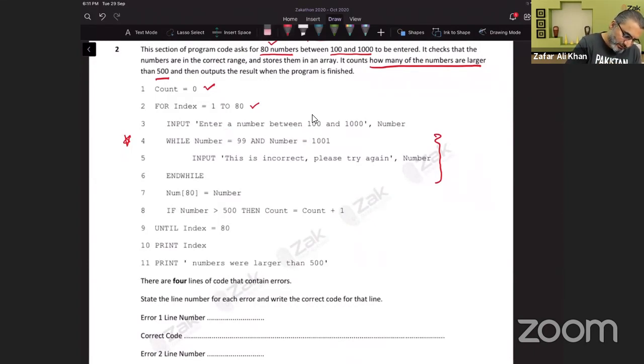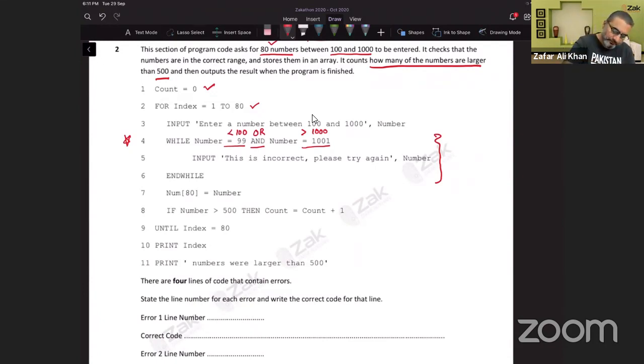If it is validation, while the number is less than 100, and instead of and we have to have or, and number is greater than 1000. So this loop will work if the number is less than 100 or number entered is greater than 1000.